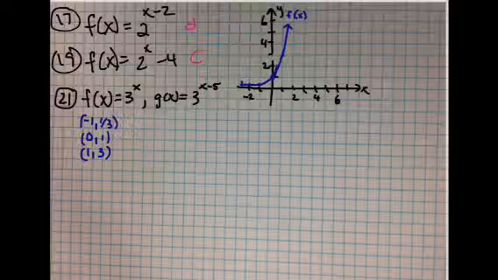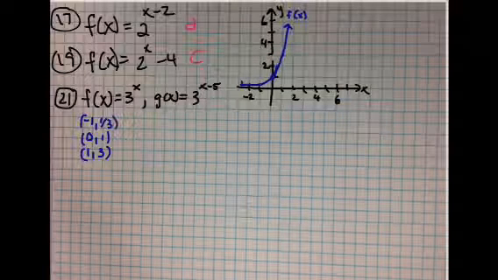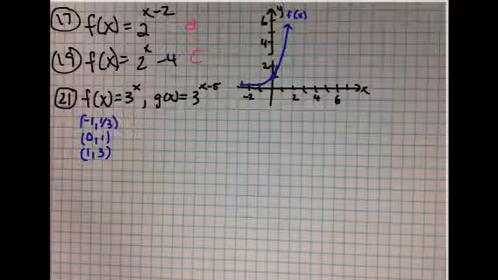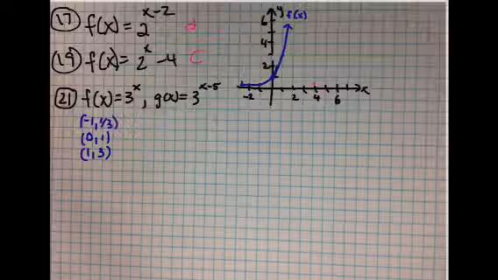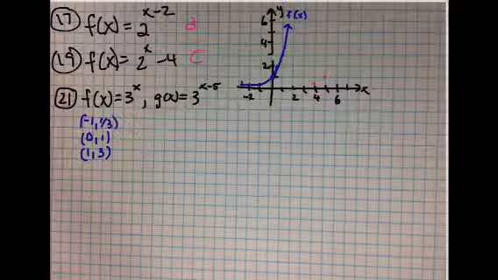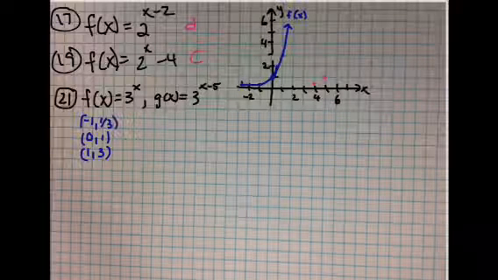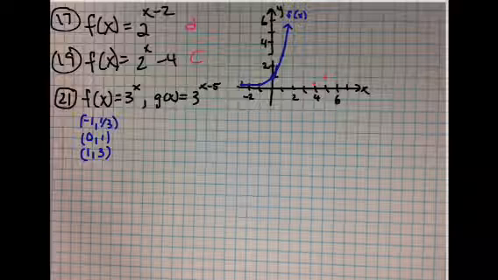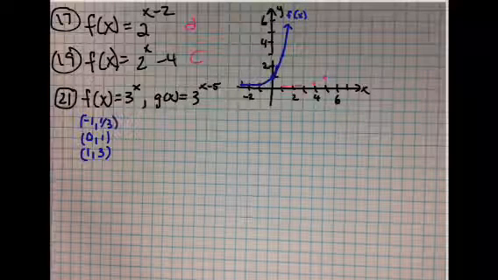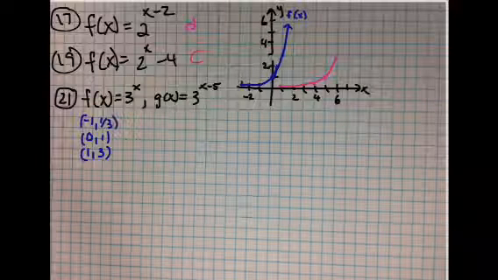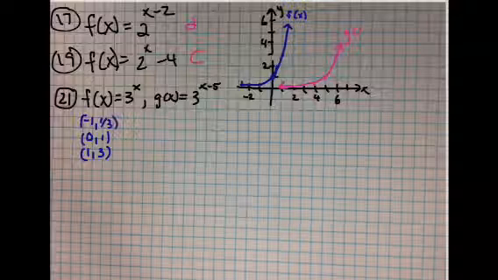So this point would be 4, 1/3, about here. And then 0 plus 5 would be 5, 5, 1. And then 1 plus 5 is 6, so 6, 3. Okay, so the graph would be over here, shifted to the right 5 units, and that would be g of x.